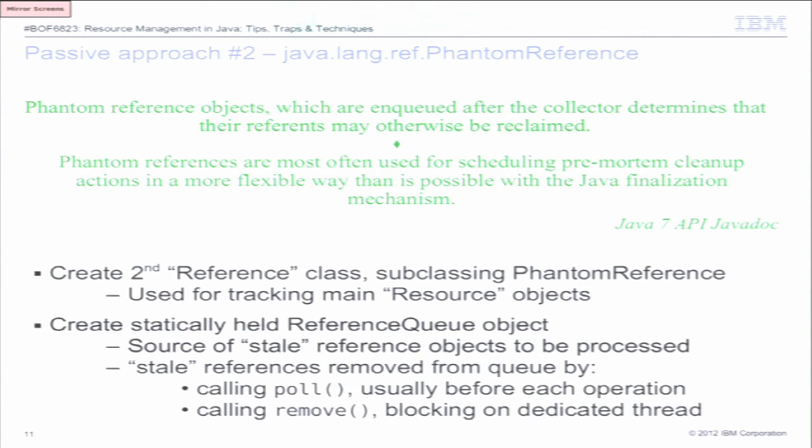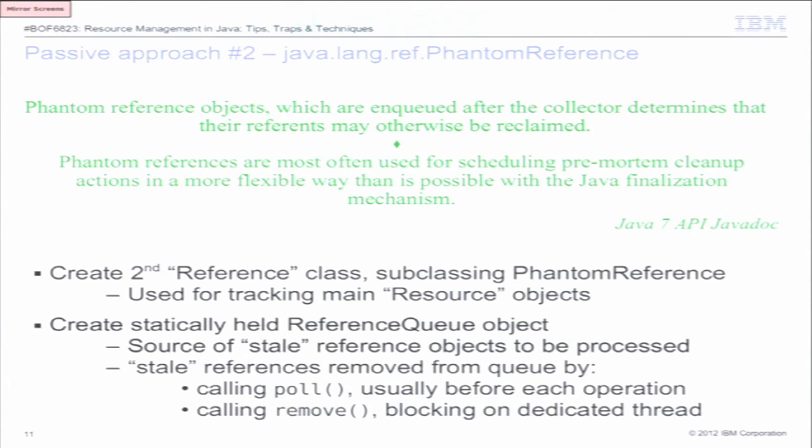Using that approach, you usually cause poll to be called prior to each operation that you're doing using the handle. Or the other approach is to make use of the remove call on the reference queue. And the difference is the remove call will block.